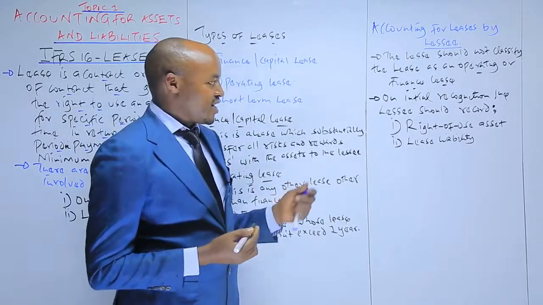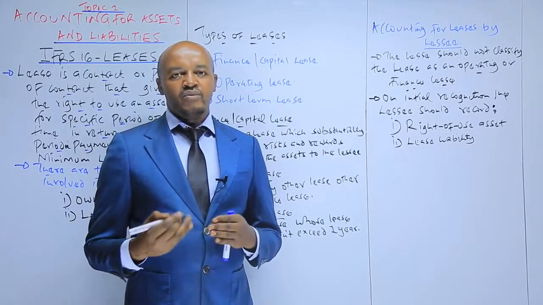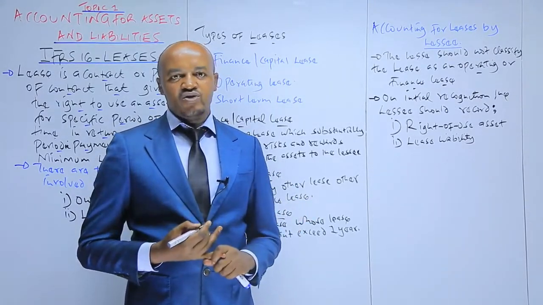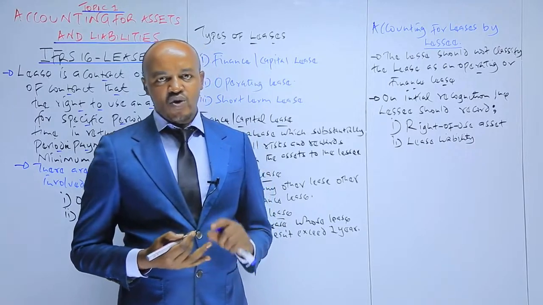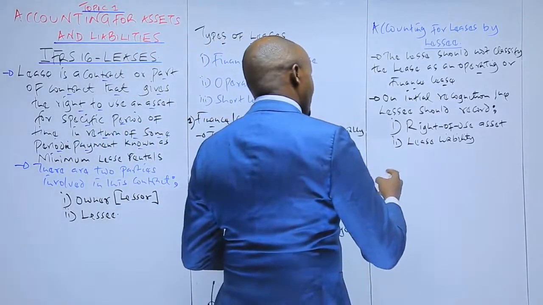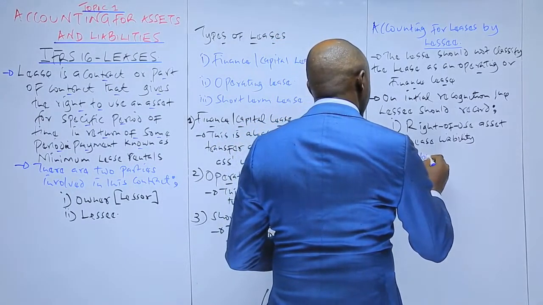Therefore, in this particular case, we are going to look at how we determine these two items. How do we determine the right of use asset? And number two, how do we determine the lease liability? So I think we can start by looking at how we determine the lease liability.